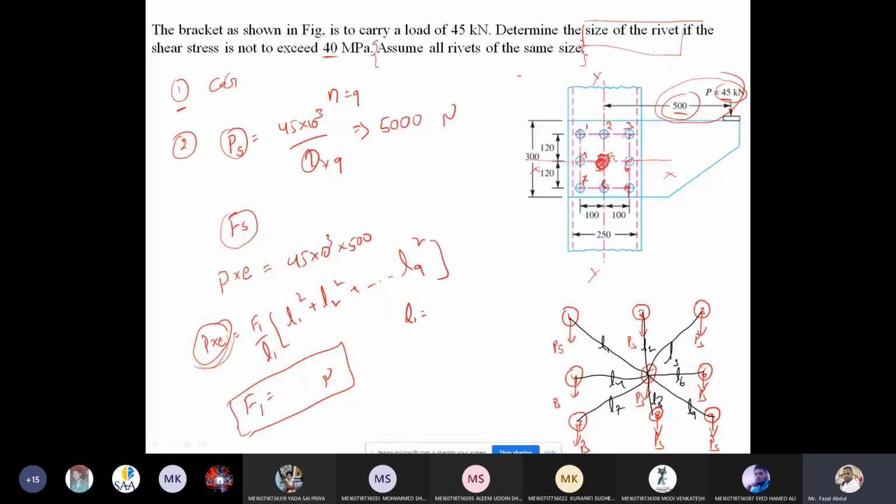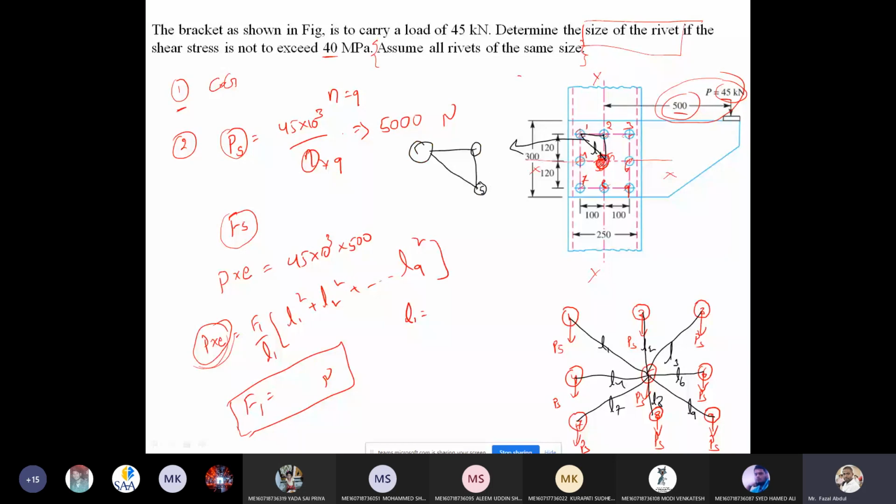So what is L1 here? This is the value L1. So here, suppose we draw a right angle triangle separately. This is the first rivet. This is the fifth rivet, nothing but the center of gravity.